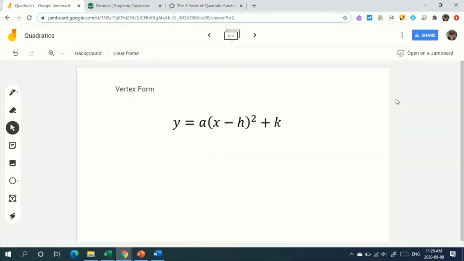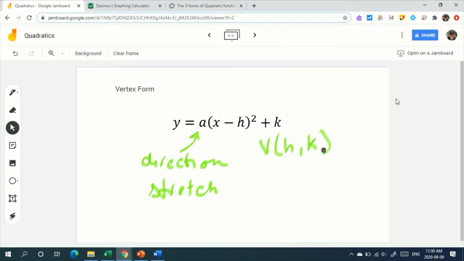And finally, we have the vertex form. So we have our a, which once again is our direction and our stretch. And then we have the other values here which give us the vertex. So our vertex is actually known as h and k. We have to be a little bit careful here because we have this negative sign.